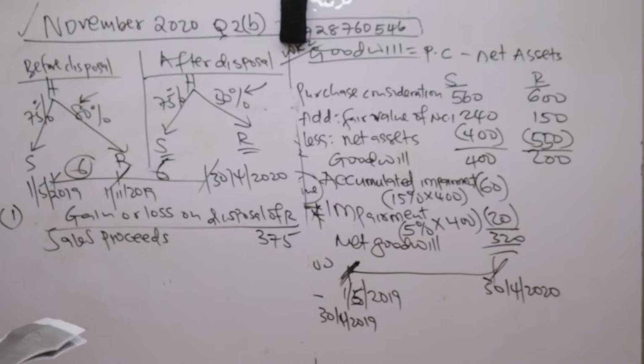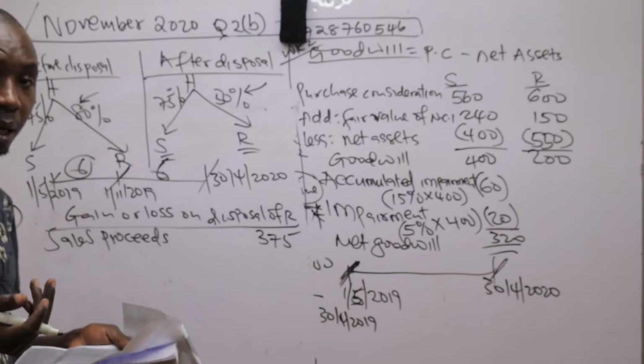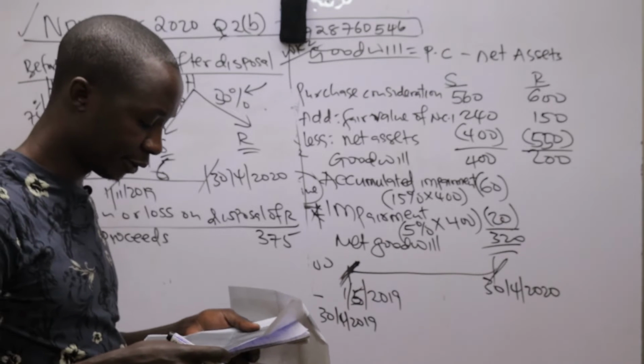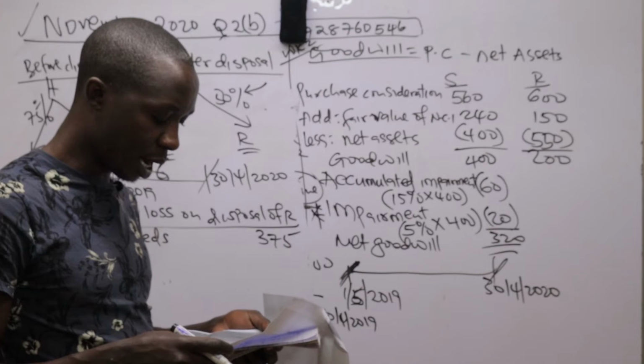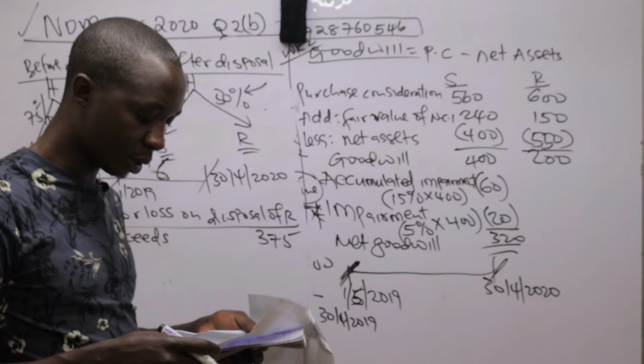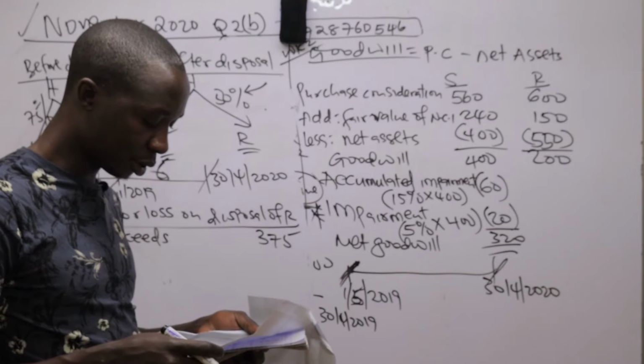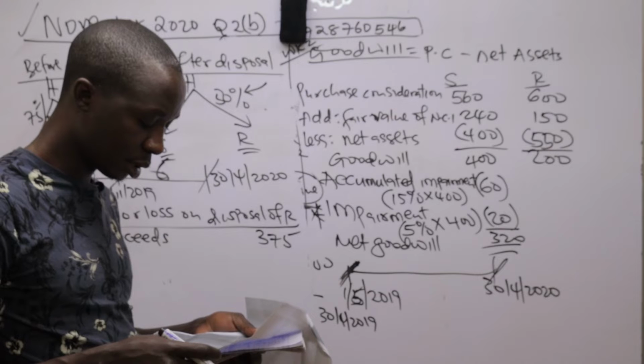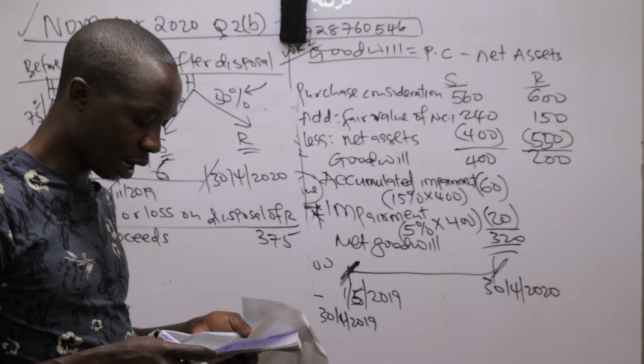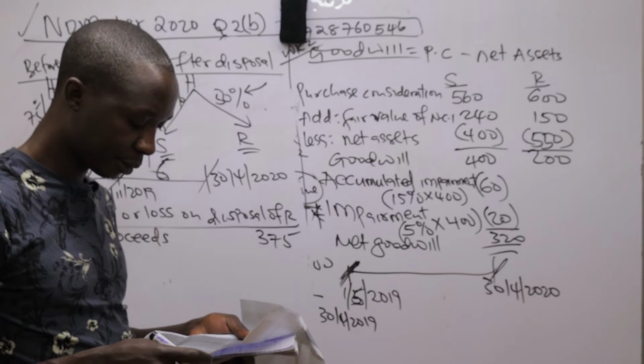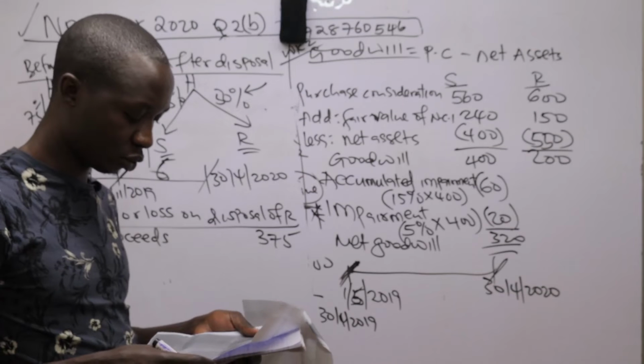But now, when this disposal happened, according to this note 3, they made a proceed. They received 375, of which R Limited's identifiable net asset was 675, and the non-controlling interest had a carrying value of 175 as at the time of disposal.